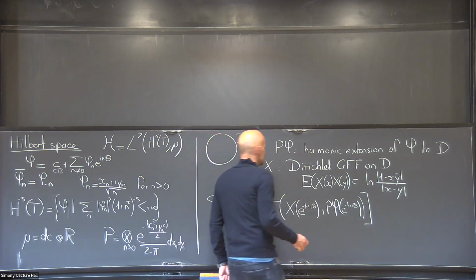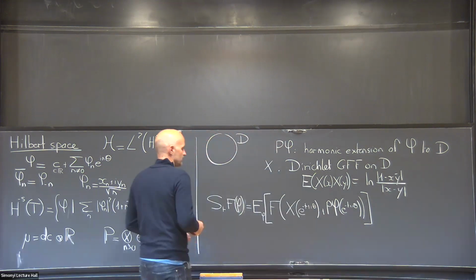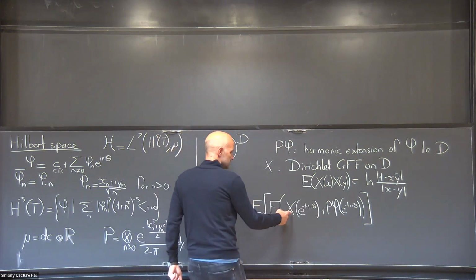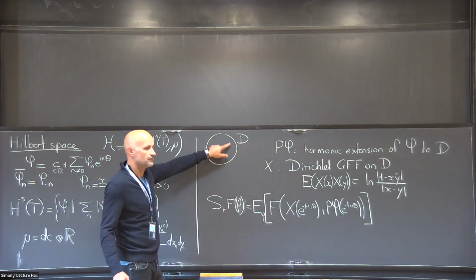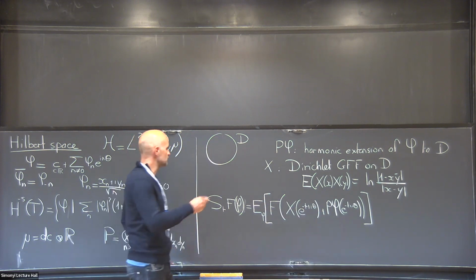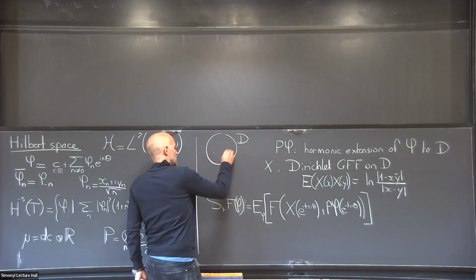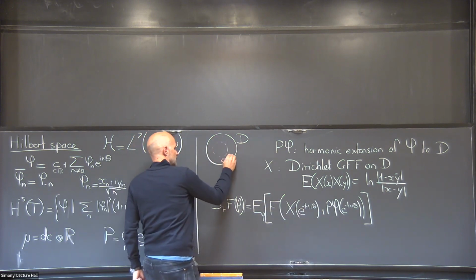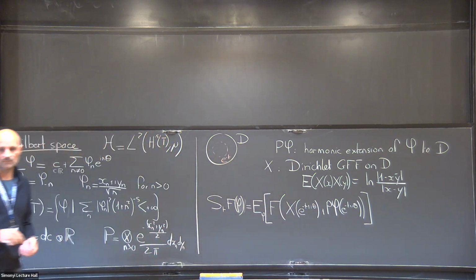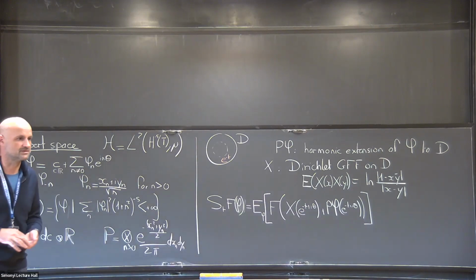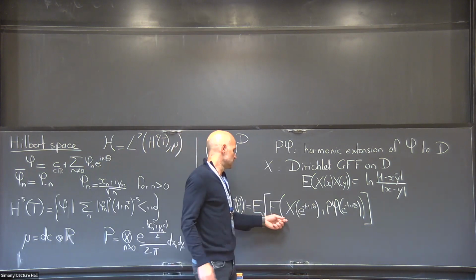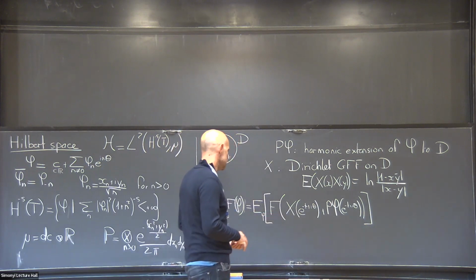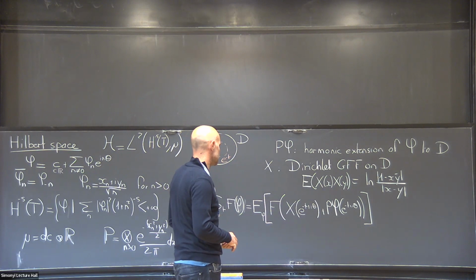And basically what I'm doing here is that this field x plus phi, you can think of it as a function defined on the disk. And I'm just looking at its values on the circle of radius e to the minus t. And I see this function on this circle as a function on the circle. Okay. So this gives me a new element in the Hilbert space, and actually this guy turns out to be a semigroup.